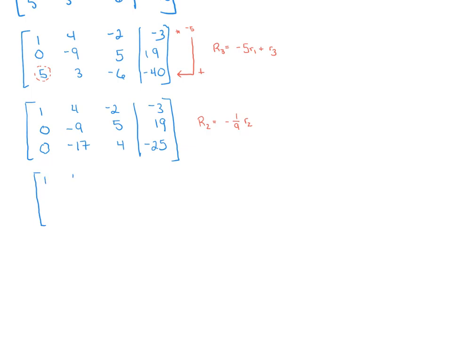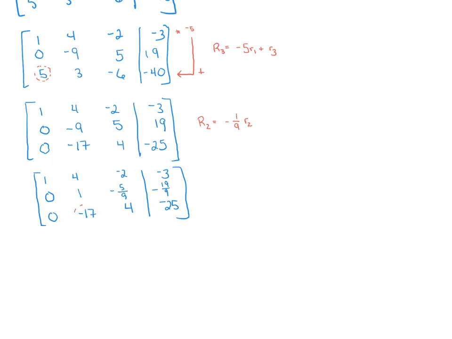So 1, 4, -2, -3, 0, -17, 4, -25, and then the second row changes to -1/9 of that row. So 0, 1, -5/9, and then -19/9. Now we're going to use the 1 here to get a 0 here.